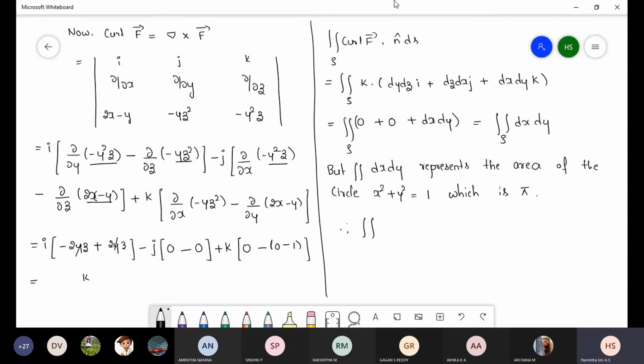Therefore, the integral over the surface S of curl vector f dot n cap into ds is equal to double integral dx into dy. That double integral dx into dy represents the area of the curve. So we can write that is equal to pi.